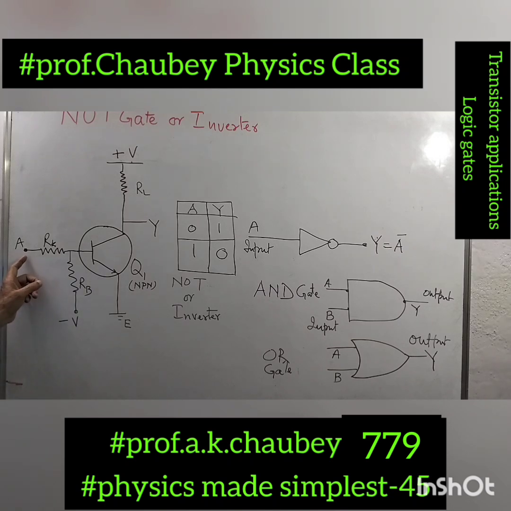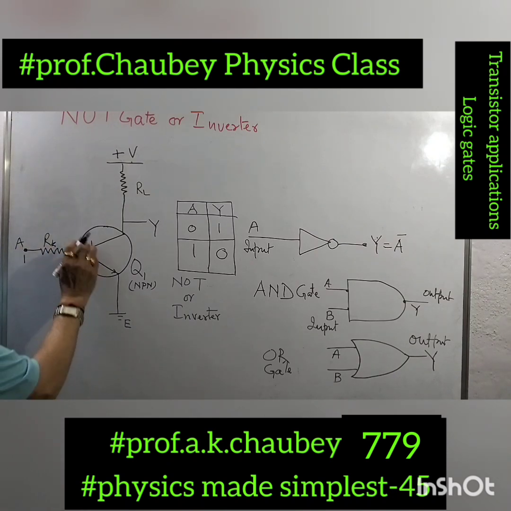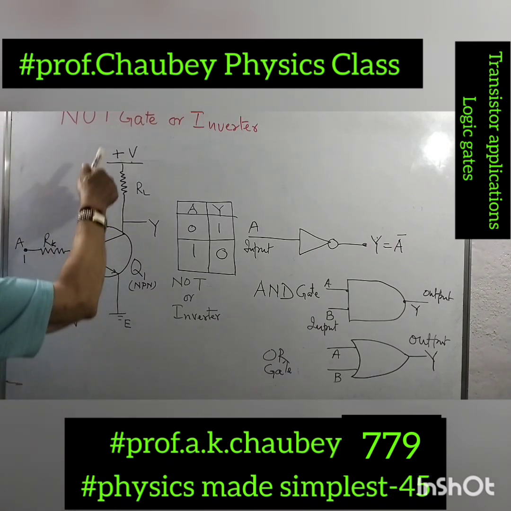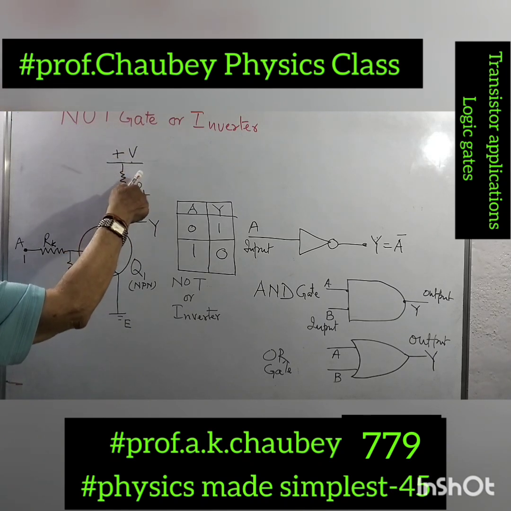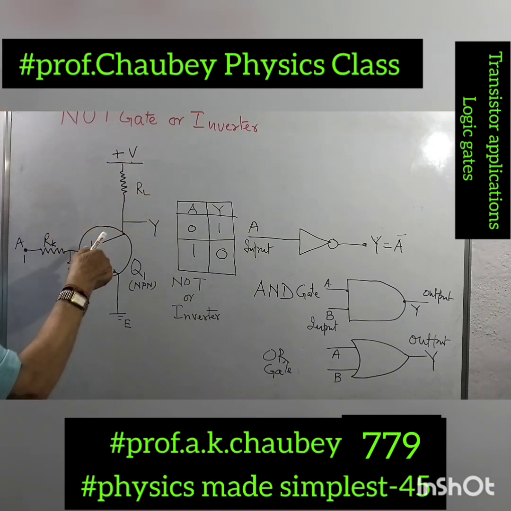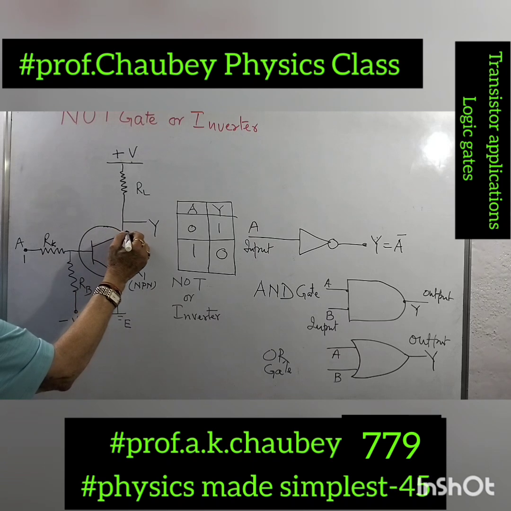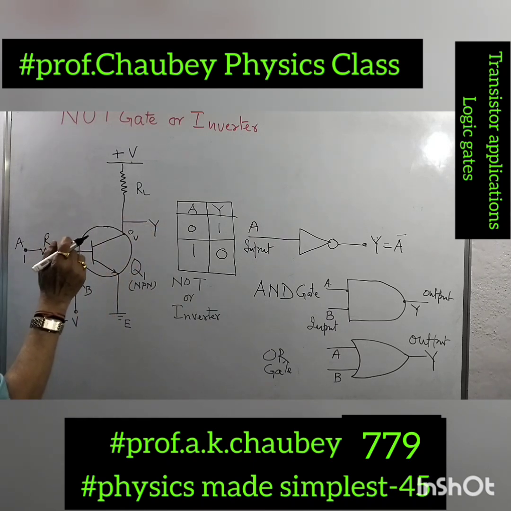So if I connect an input here that is high, say 1, it is highly biased so that current flows. The total potential will be across the load resistance RL, and the collector will have almost 0 potential. So 0 potential means output 0. When A is 1 or high, the output will be low or 0.